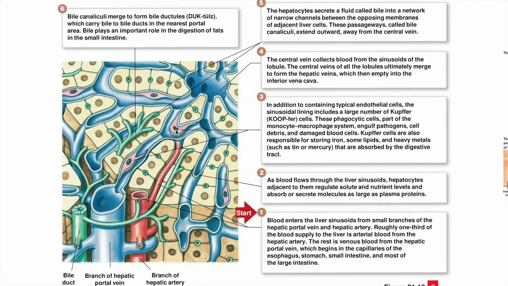Also, we see these little pink cells called Kupffer cells. These are macrophages that will clean the blood. Also, we know the liver is involved in detoxifying certain things, especially alcohol. And another job of these hepatocytes is to produce bile, and these green ducts here carry the bile.